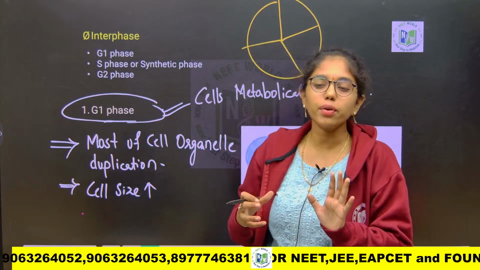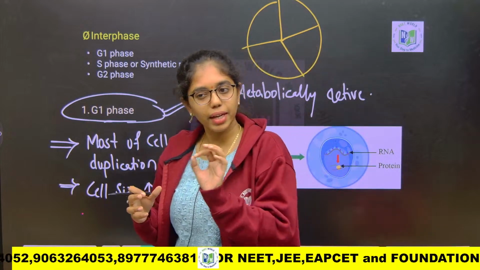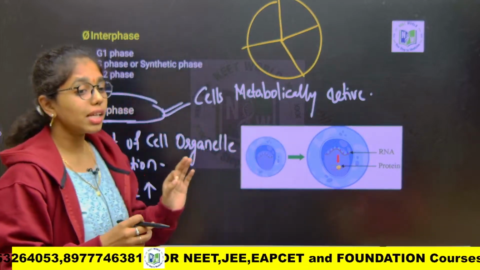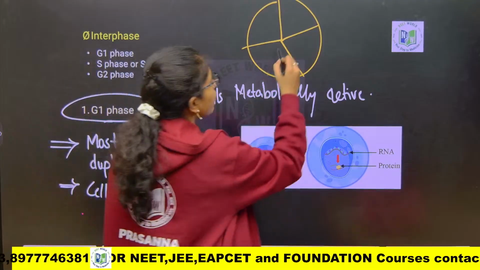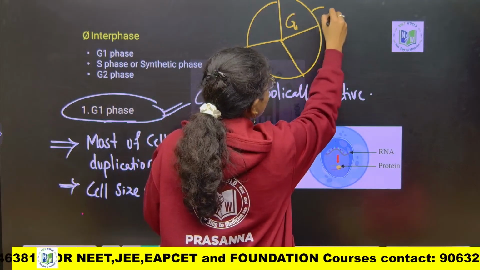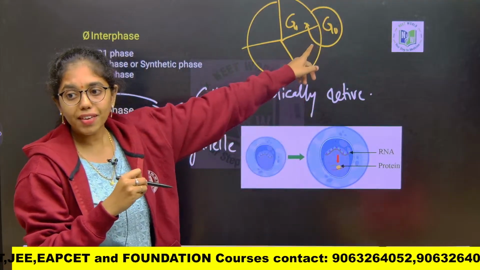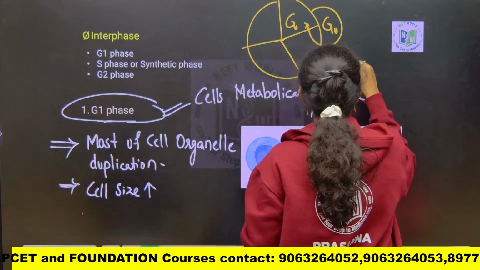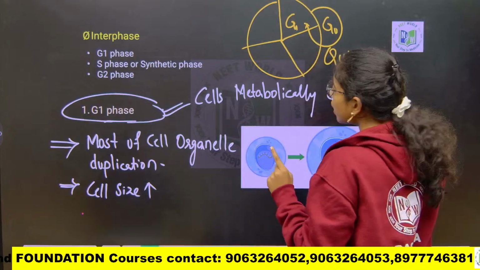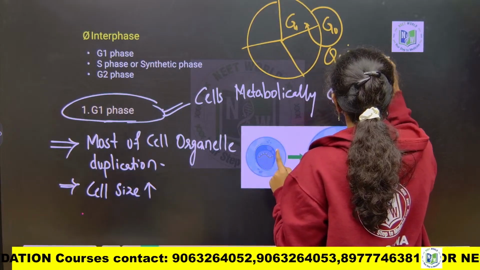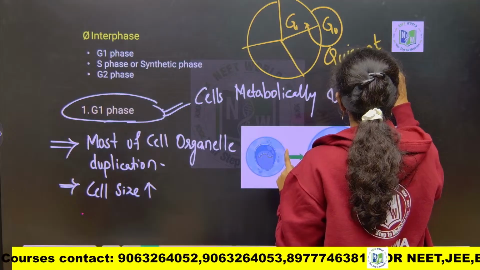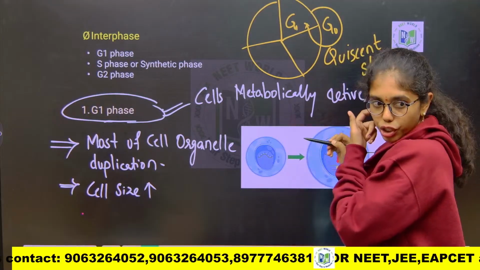No, they divide very rarely. So, those cells which divide very rarely will escape from G1 phase to G0 phase. Okay? G0 phase is called as quiescent phase. It is not crescent, it is quiescent phase or quiescent stage.